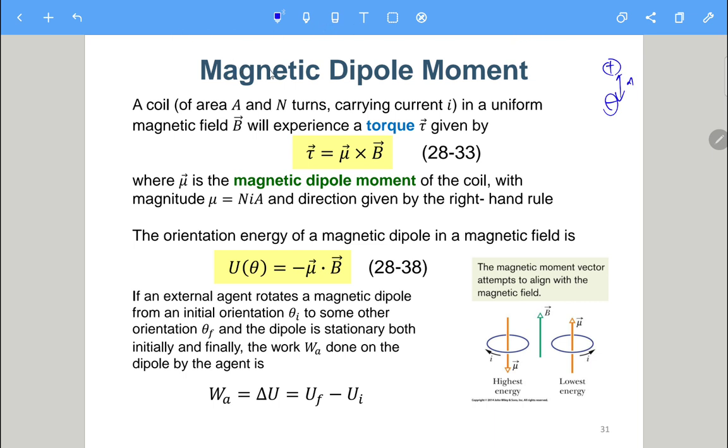However, for magnetic dipole, we cannot have magnetic monopole, as I mentioned before. We can only have magnetic dipole. And for the magnetic dipole itself, we define the physical variable called the moment, the magnetic dipole moment. We usually use mu to specify the magnetic dipole moment here.